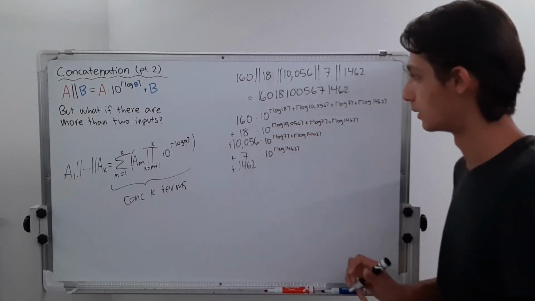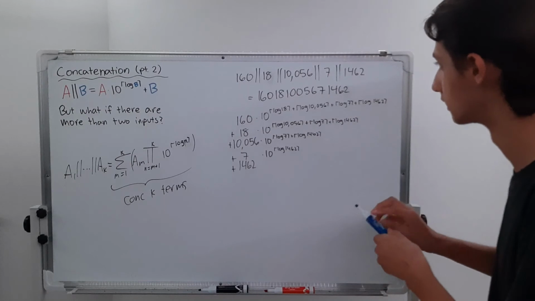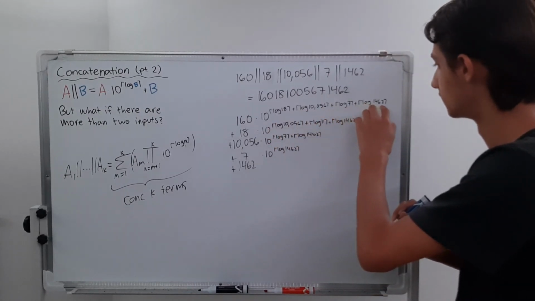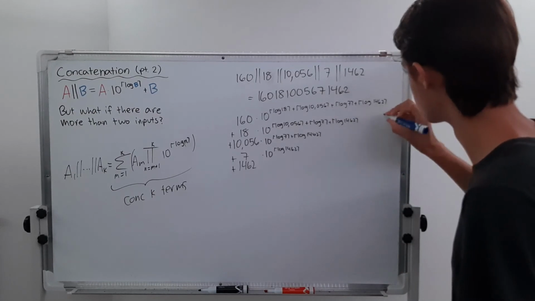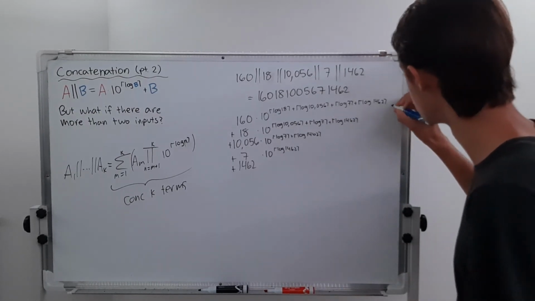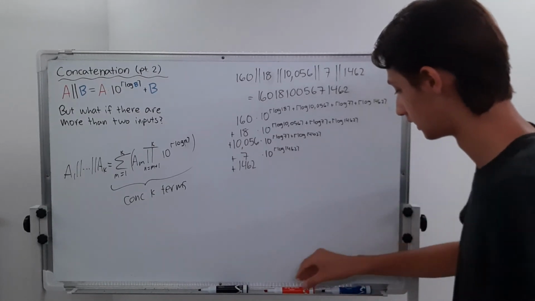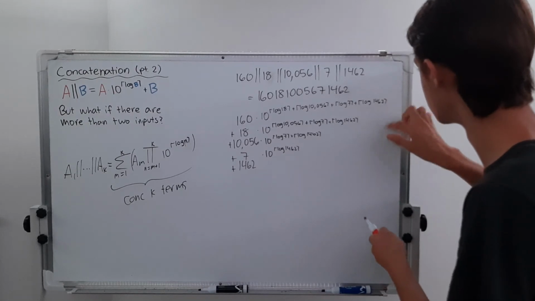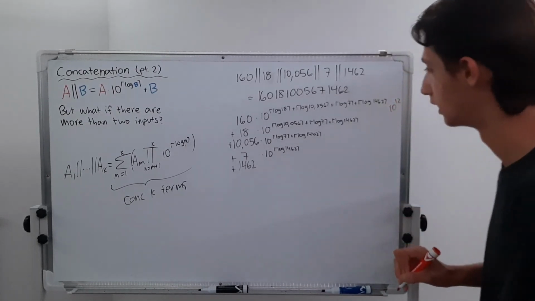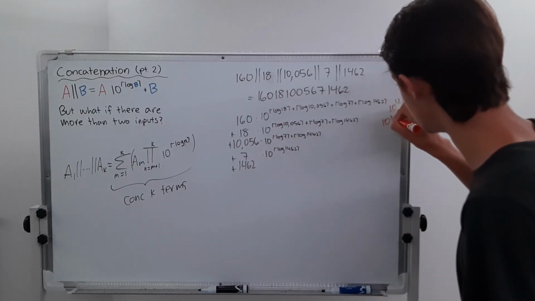So I'll write it in blue at the end here. 1, 2, 3, 4, 5, 6, 7, 8, 9, 10, 11, 12. We have 12 digits, so it's going to be 10 to the 12. Then we have minus those, so that's going to be 10 to the 10.